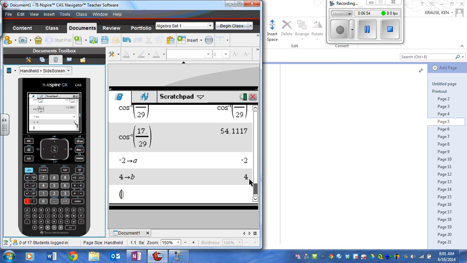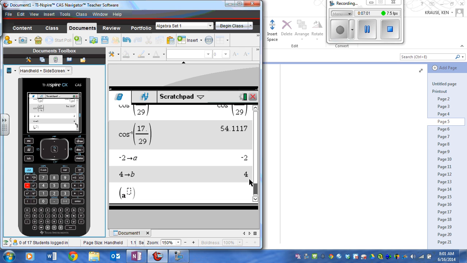Parentheses, A cubed plus B to the 0. Good.